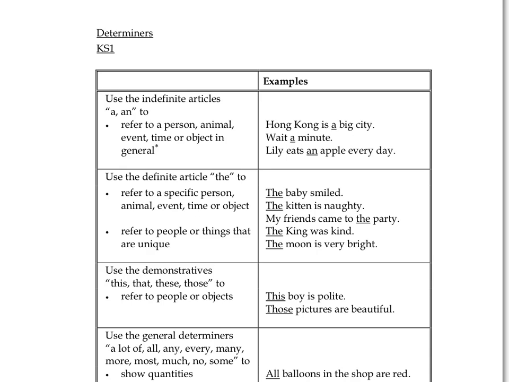So for example here we have using the indefinite articles a and an to refer to a person, animal, event, time, or object in general. And so similarly, we use the definite article the to refer to a specific person, animal, event, time, or object.